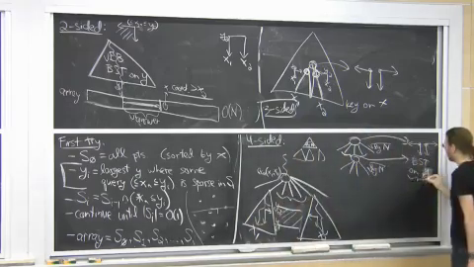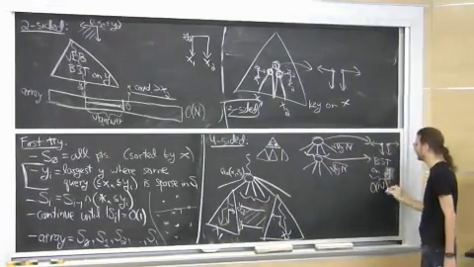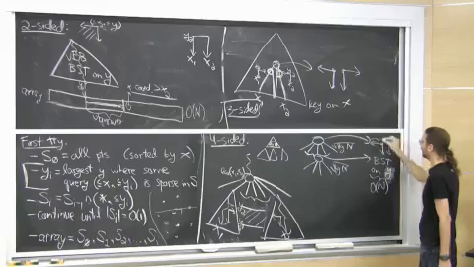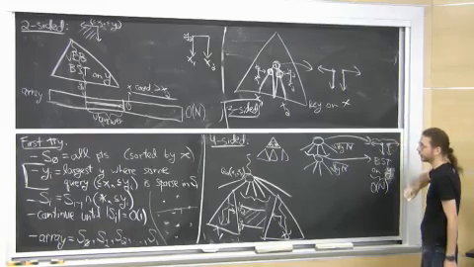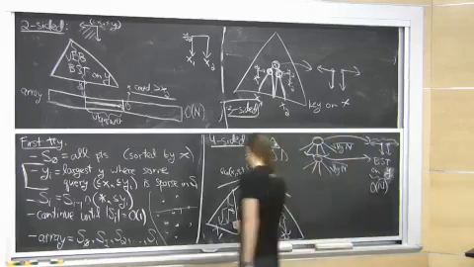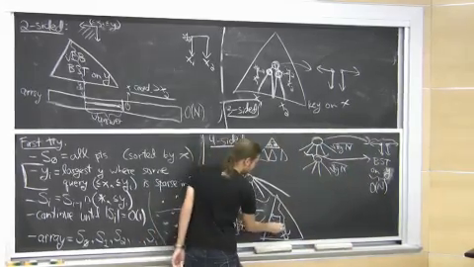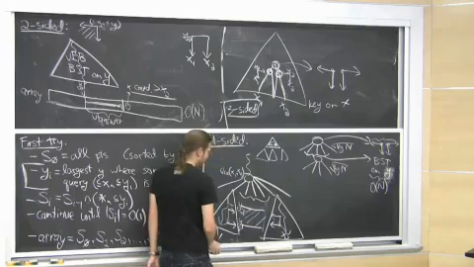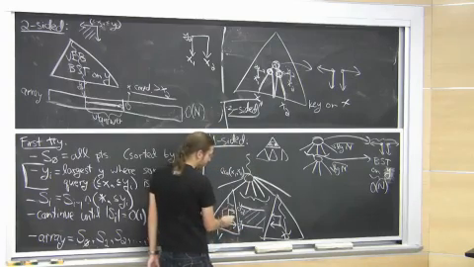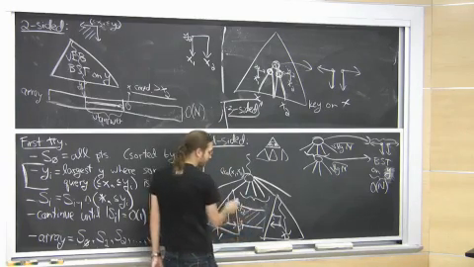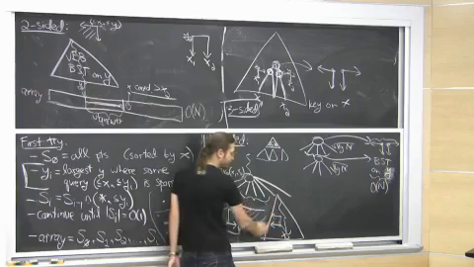Now this thing has linear size. This thing has, I think I actually need, I should have a 3-sided range query. Thanks. These should be 3-sided. Because here I know that I've got the right side covered already in this tree. I've got the left side covered already in this tree.